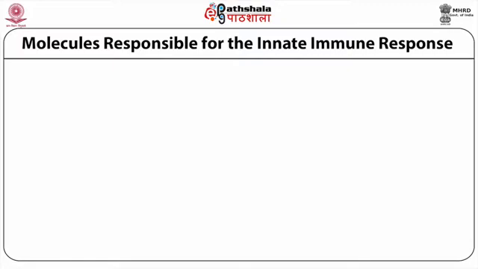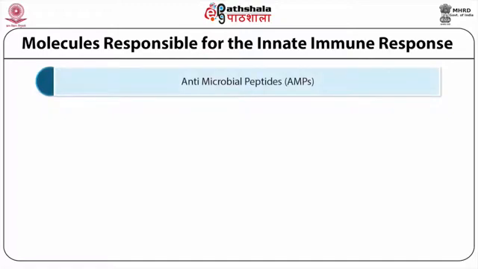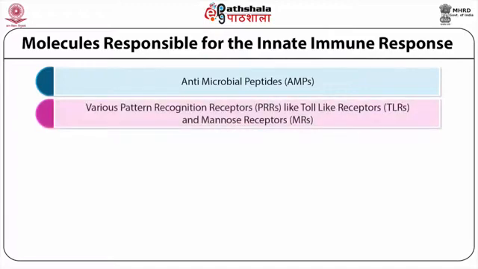Let us now look at the molecules responsible for the innate immune response. These are the so-called soluble factors which we talked about. Several classes of molecules participate in the innate immune response. These are antimicrobial peptides, which are abbreviated as AMPs, and various pattern recognition receptors.